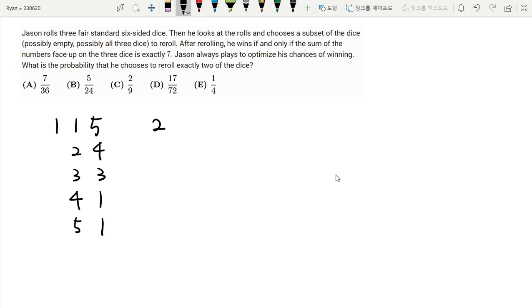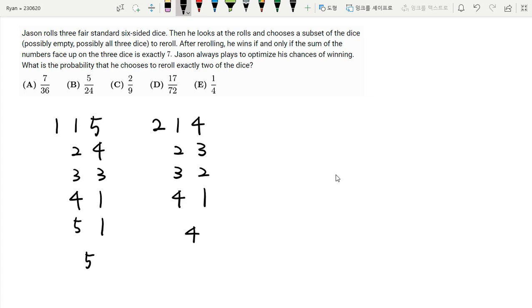And if the first die has number 2, to make the sum of 7, this will be the second triple. So what I can say is, if the first case is 5, the second case is 4, so it will keep decreasing as the number in the first die increases.